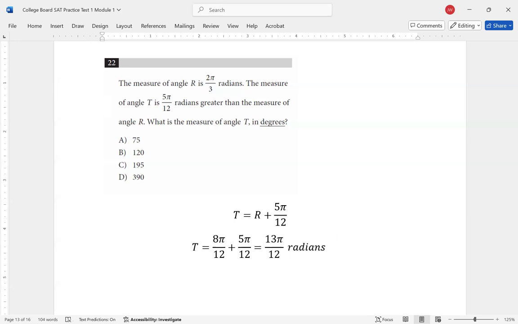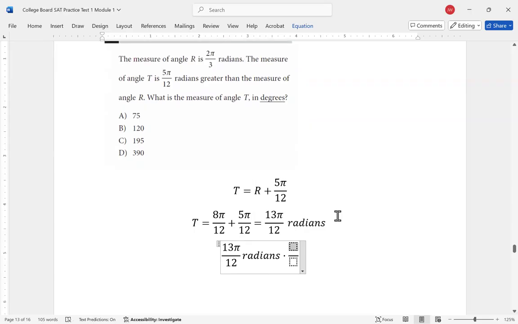So T is 13 pi over 12 in radians. But we want our answer to be in degrees. So if we have 13 pi over 12 radians, to convert from radians to degrees, I'm going to multiply by some ratio.